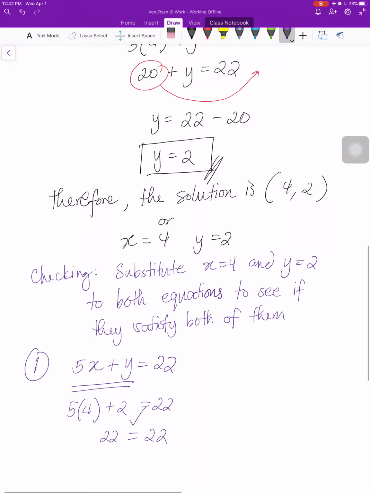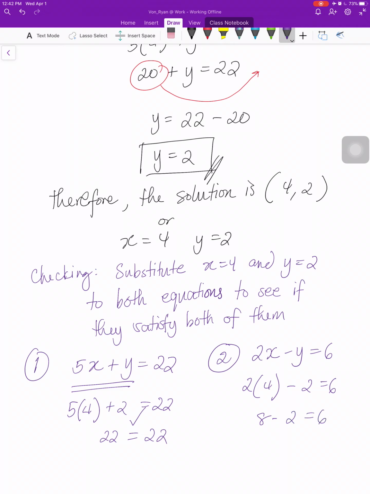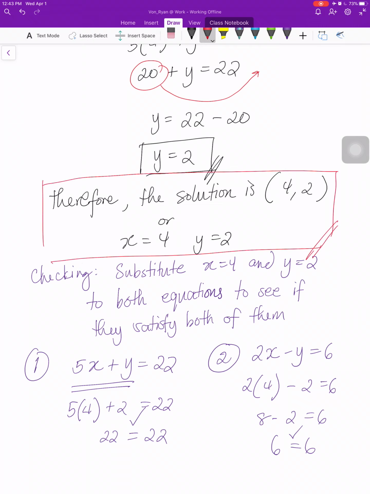That's correct. Now, work on equation 2, which is 2x minus y equals 6. So 2 times 4 minus 2 is 8 minus 2, which equals 6. 6 equals 6. And therefore, our solution is correct because it satisfies both equations.